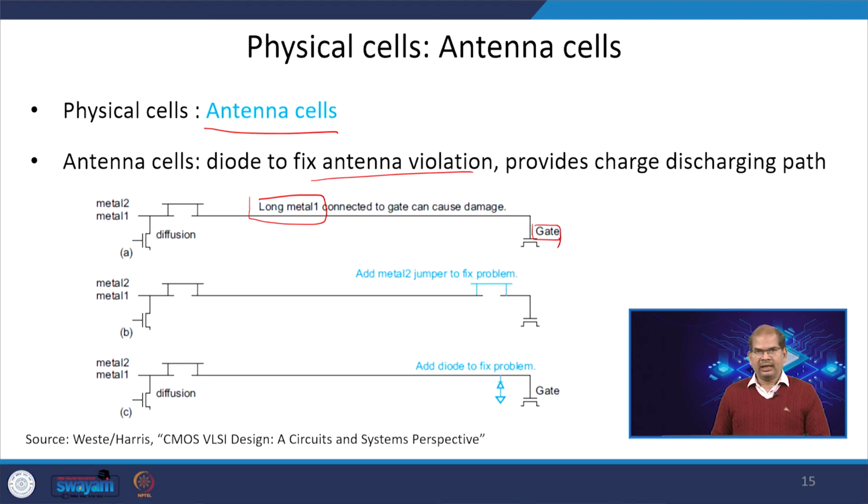To avoid that, there are two ways to solve the problem, the antenna violation problem. The first one is metal hopping.